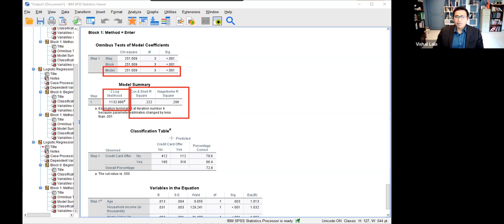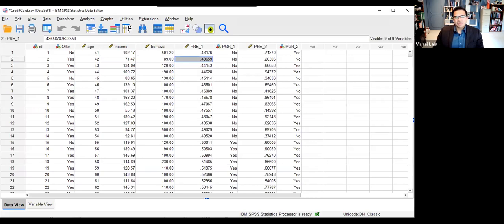Moving along, let's examine our classification table. But before we examine this classification table, let's go through some background about the source of the numbers in the classification table. The numbers in the classification table are derived from our predictions.